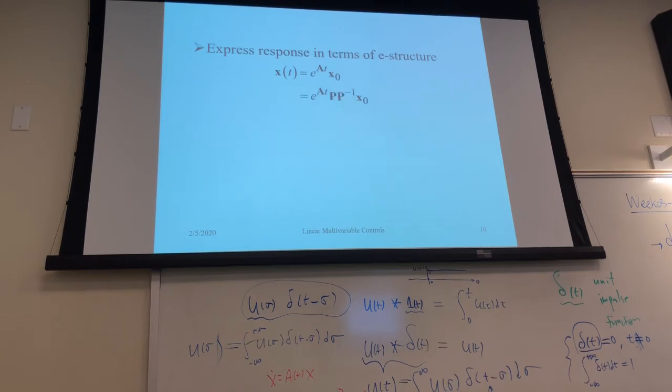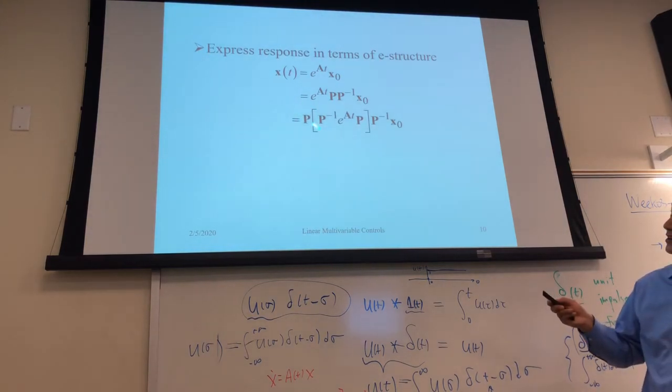But if we introduce, in between, A here, this is nothing but I, right? This is the identity. So it doesn't matter, I just insert this identity. I didn't do anything, right? However, I can also add another identity here, P inverse P. This is I, right?